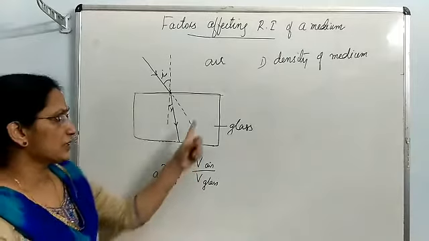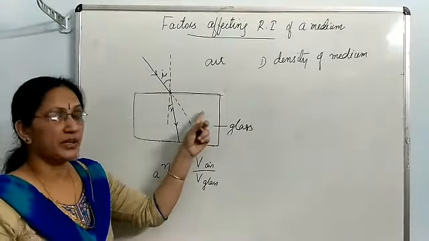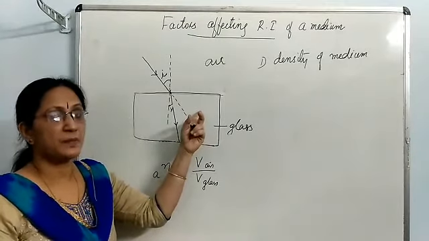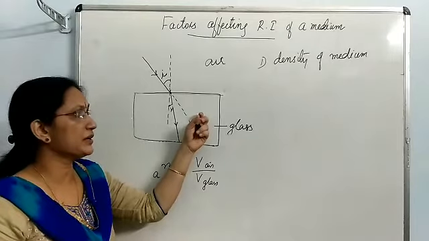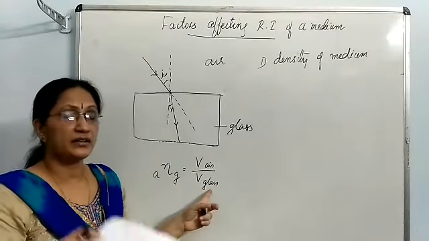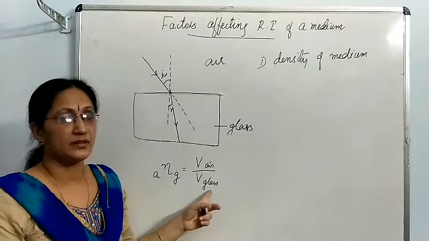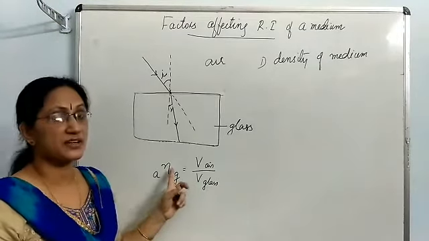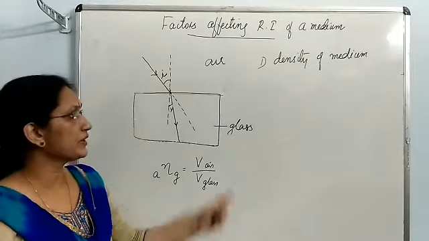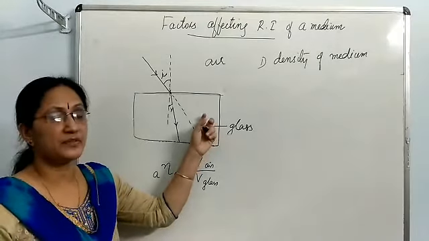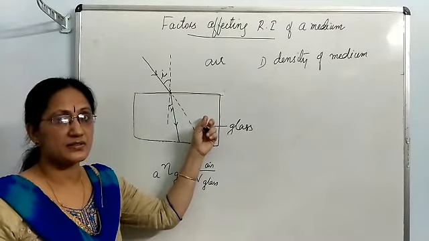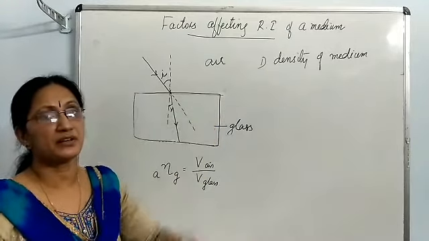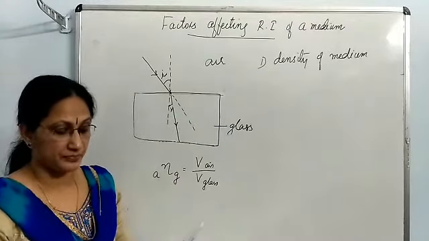So if the density of this medium increases, the speed of light in the second medium will decrease. That means the denominator will decrease, so refractive index will increase. So remember, if the density of the medium increases, refractive index increases.